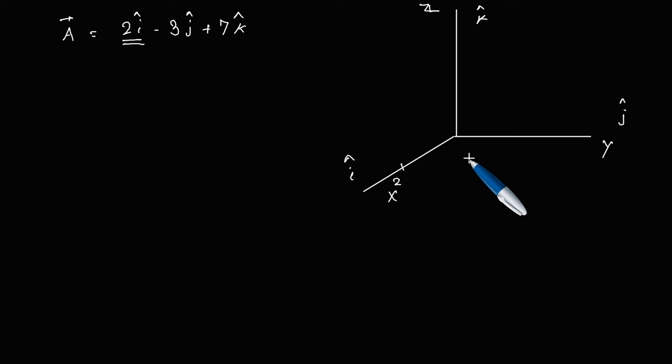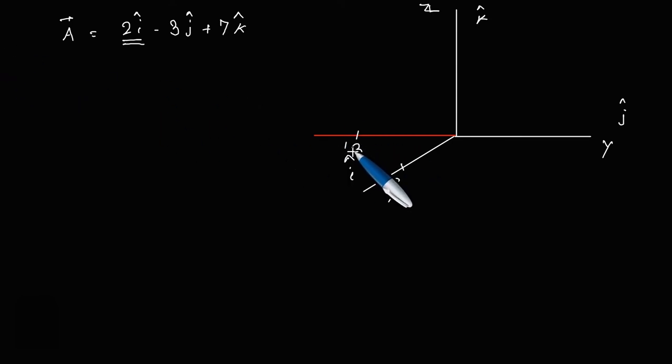Good. Then minus 3 of j. What is j? Where is minus j? Minus j is in the reverse direction of y. That means I'm extending it. So it is minus 3, I guess. This minus 3 means let it be this. This is minus 3.